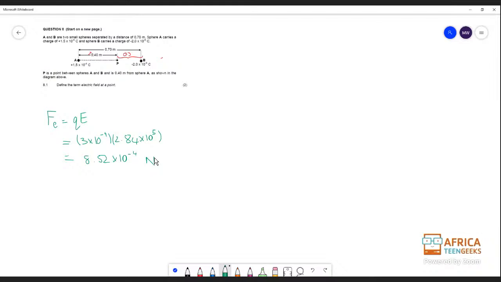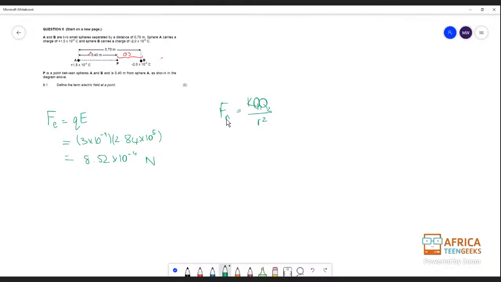Okay. You could have gone and worked it out the long way where you use the formula F net, or let's not say F net because you need to add them together. So F is equal to K times Q1 Q2 over R squared. And then you would have substituted your point charge into one of your Q's, and then each one of these would have been substituted in.